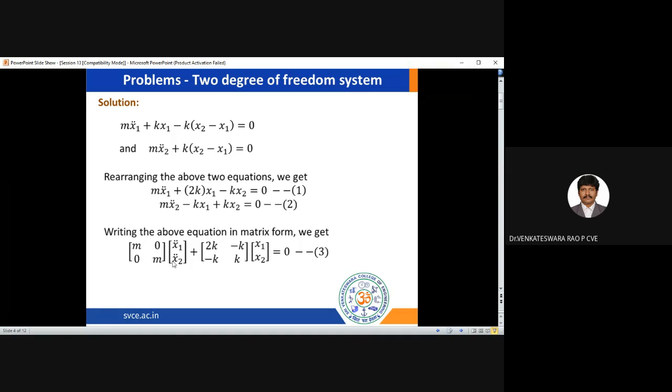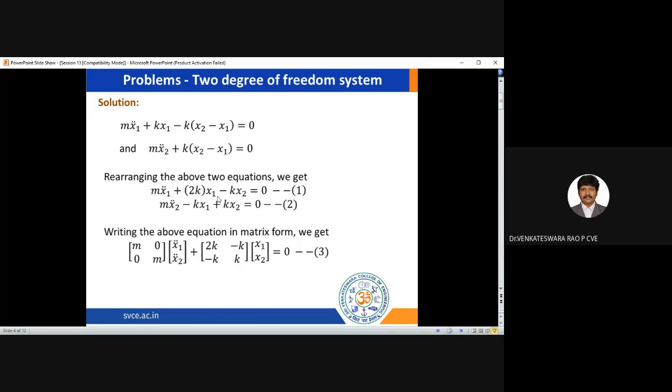Even though you write the acceleration vector here, since in the first equation there is no x2 double dot component, you can write it by putting a 0 here. So when you multiply these two, m into x1 double dot plus 0 into x2 double dot, x2 double dot vanishes in the first equation. That is how we can write.